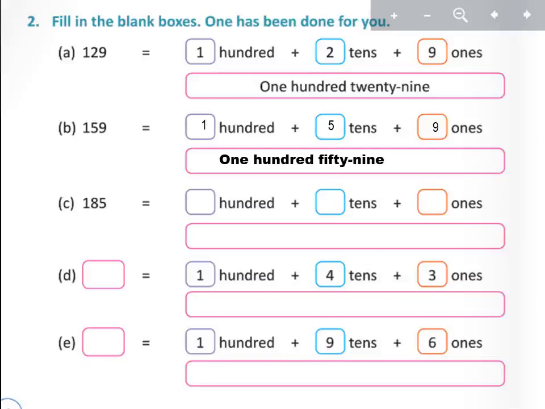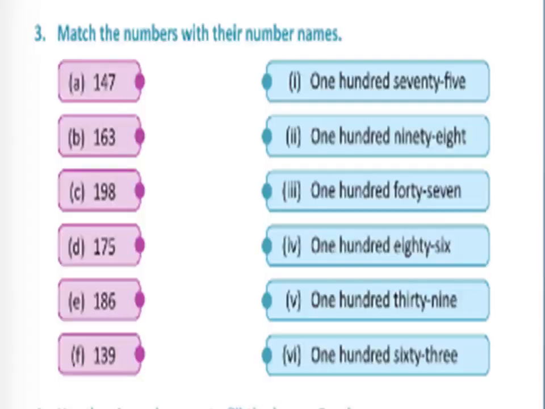So when you are writing, just spell it and write: HUNDRED 100, FORTY 40, THREE 3. Once you practice it, you won't make any mistake. So A, B, C, D, E, I hope you understood.